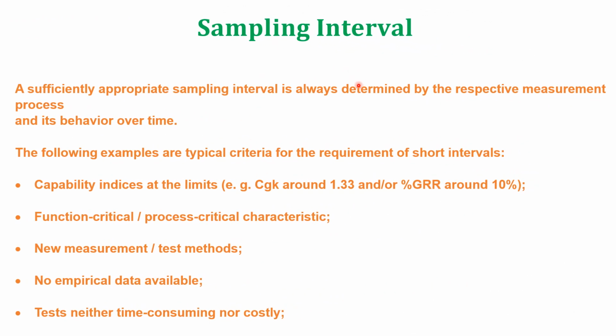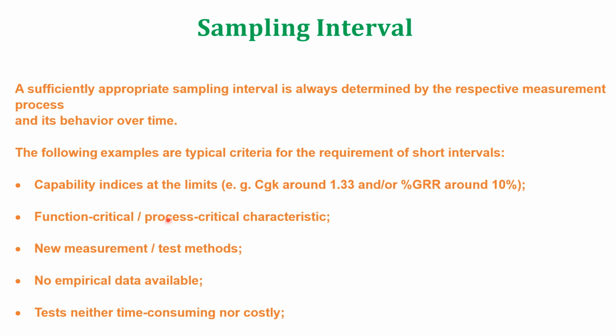What is the sampling interval? Sampling interval is nothing but how often I check the stability over a period of time, whether monthly, quarterly, or every 6 months. That will be decided depending upon these requirements. What is the CGK value?